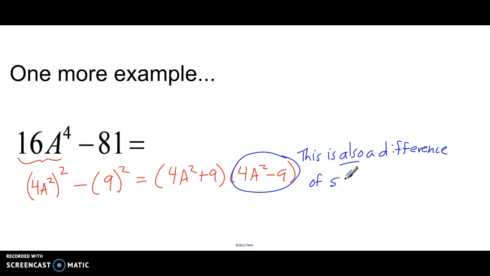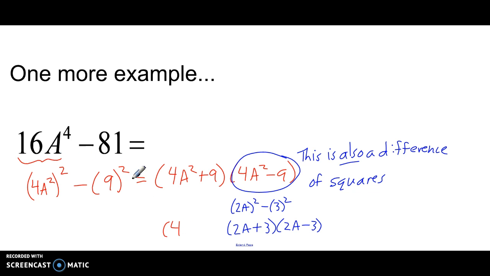So what you should be doing here is taking that one, thinking of it as 2a parentheses squared and 3 parentheses squared, and breaking that up as 2a plus 3 and 2a minus 3. So 16a to the fourth minus 81 factors into 4a squared plus 9 times 2a plus 3 times 2a minus 3.